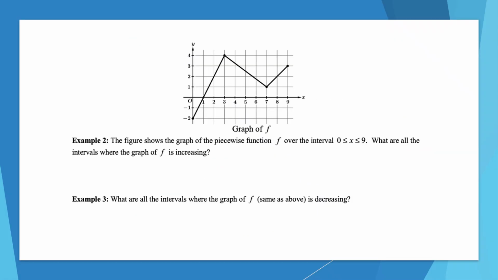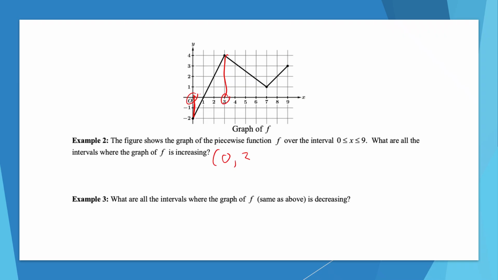So example number 2, same graph as before. What are all the intervals of the graph where it is increasing, and then what are all the intervals where it is decreasing? Well, increasing here is going to go from, a lot of people want to say -2 to 3. That would be wrong because, remember, this is an x value of 0 to an x value of 3.